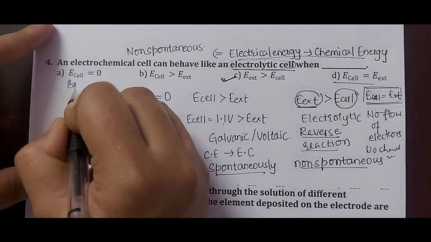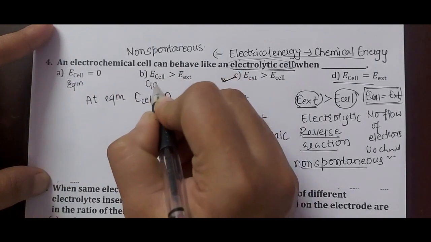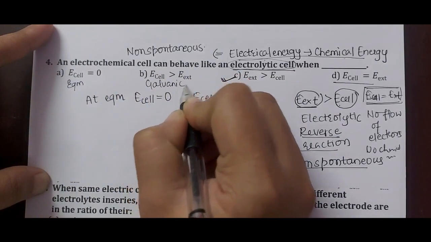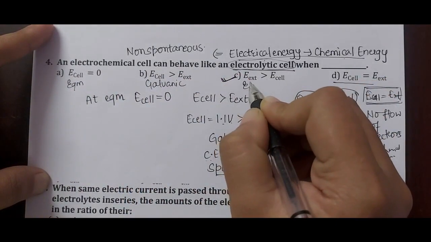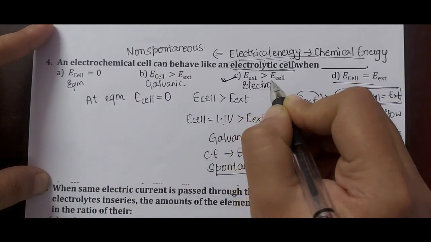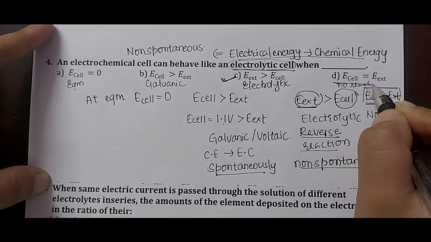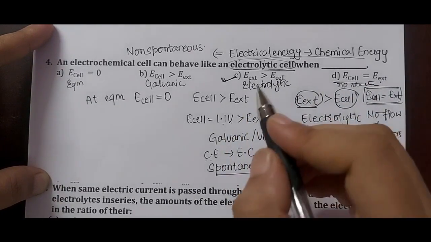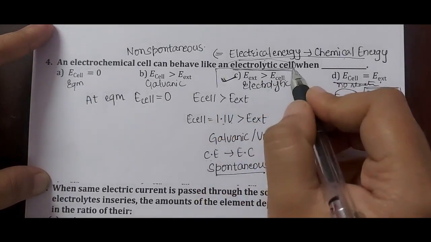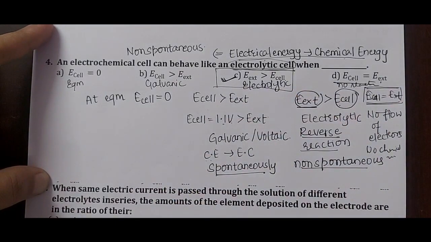Here we can say it is at equilibrium, here behaving as galvanic cell, here it is behaving as electrolytic cell, and here there is no reaction occurring. Thus, the correct answer for question 4 is option C, E external greater than E cell.